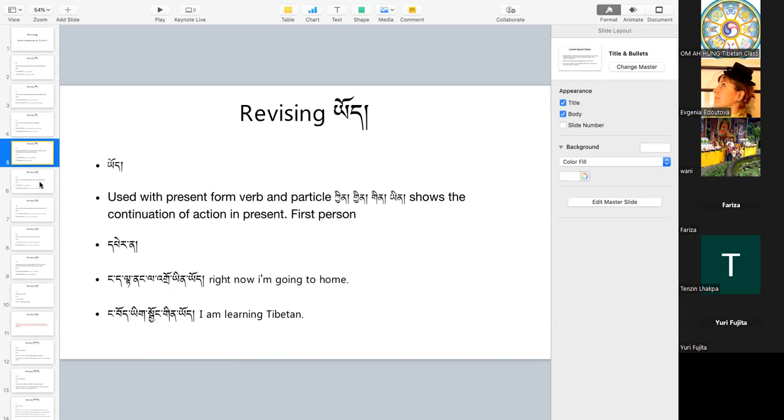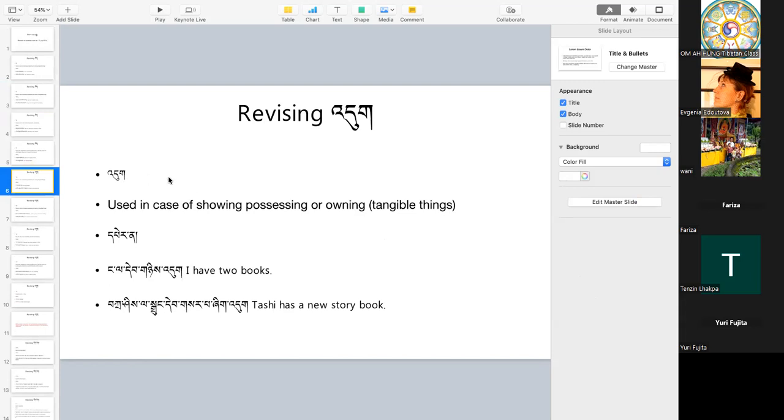Okay, now the second particle, tuk. These are also used to show possession or owning. These are also used to confirm things. These are particles that confirm things. These are also confirmational particles.